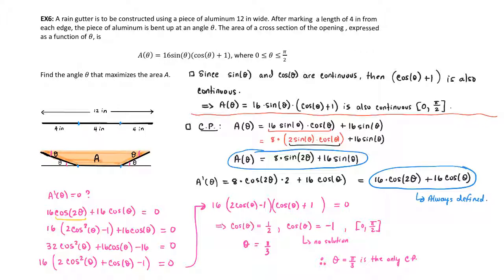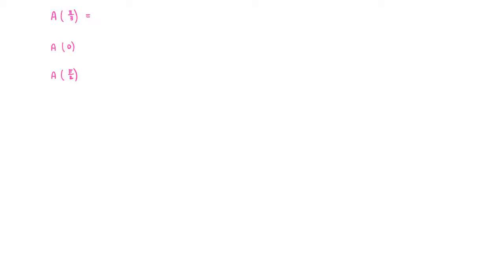And again, pi over 3 is a valid critical point because pi over 3 is in the interval from 0 to pi over 2. So what we are going to do next is apply the extreme value theorem by considering A of pi over 3 and then A of 0 and A of pi over 2. Here I have A of pi over 3.